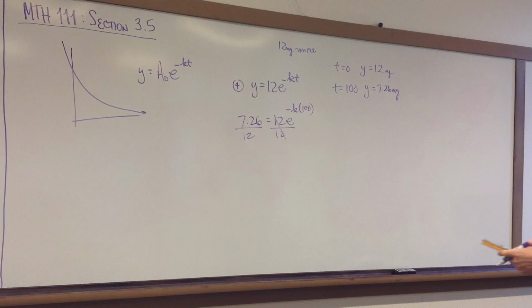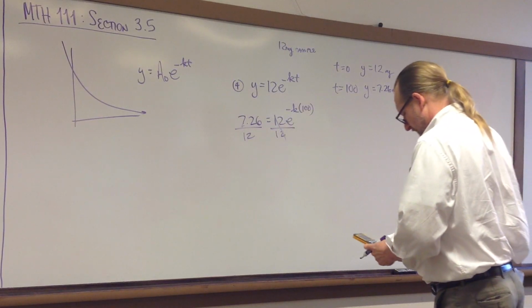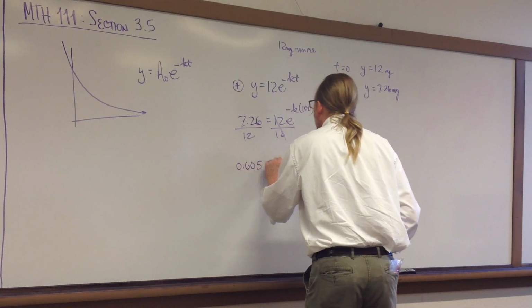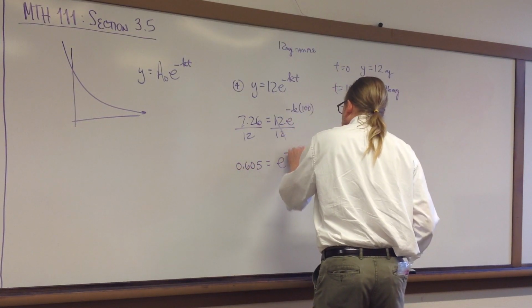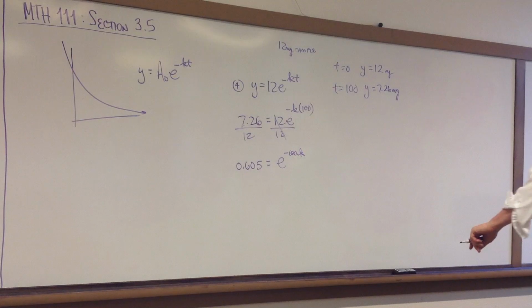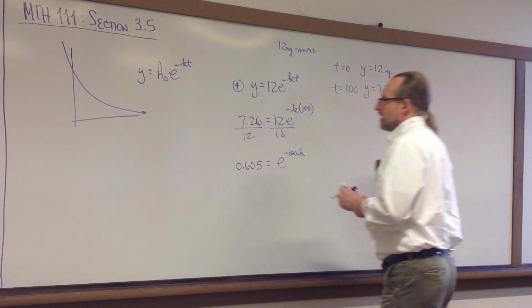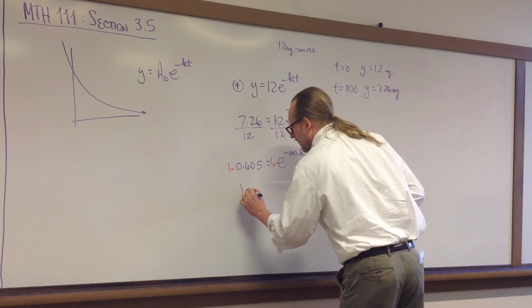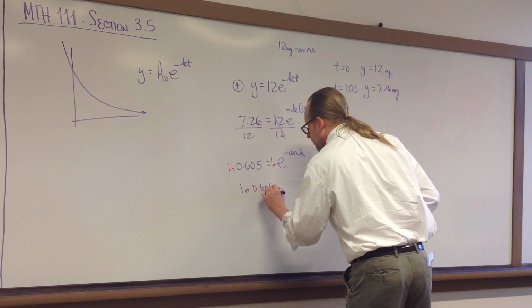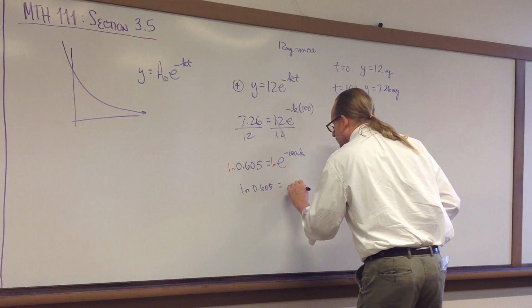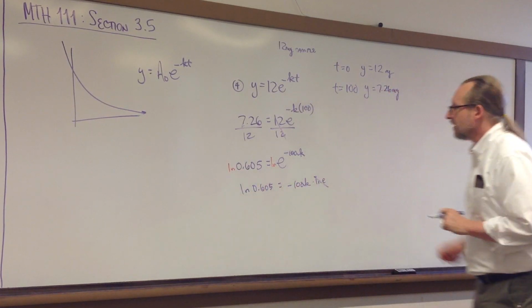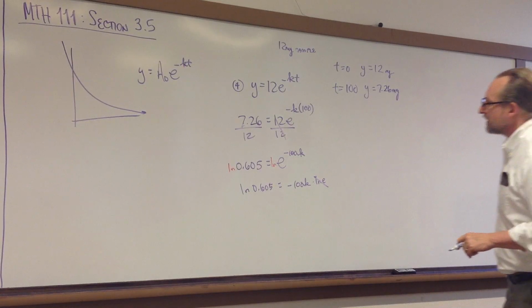7.26 divided by 12 is 0.605, equals e to the minus 100k, and then we take a natural log on both sides. So we get ln 0.605 over on this side, negative 100k ln e. ln e is 1, and so we can cross it out.